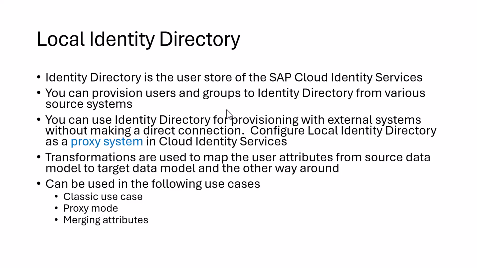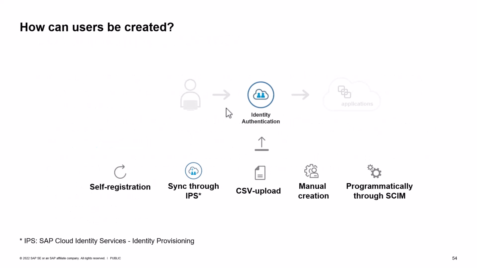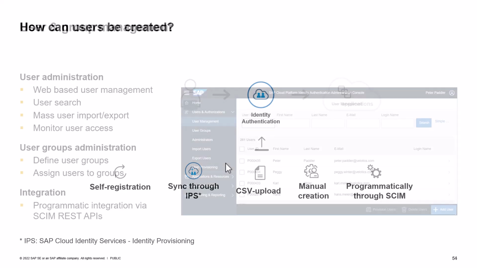We'll talk a little more about provisioning when we talk about identity provisioning services. You can create the users in the local identity directory in many different ways. You can do self-registration, you can upload a CSV file, or you can sync through IPS, which is probably what you would do as a common scenario.